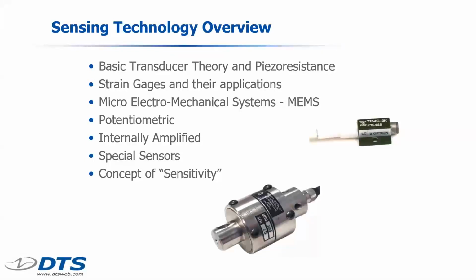That concept is applied in strain gauges, micro electromechanical systems, which are often referred to as MEMS sensors, potentiometers, internally amplified devices, and then special sensors. Wrapping up this section, we'll talk about the concept of sensitivity, which is key.